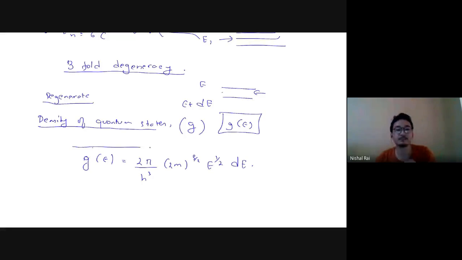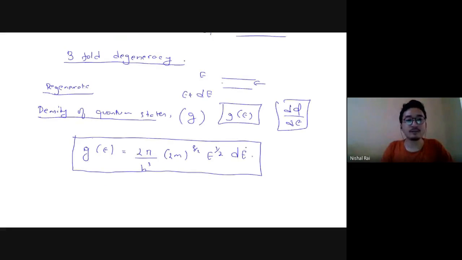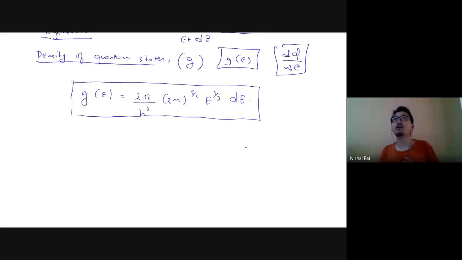Have you seen this expression? Exactly for the classical case we have done. Instead of h, we had h0. So that's why I did that example previously. dΦ by dE, if you remember, will give you exactly this. Now, this is the density of states for your quantum state.